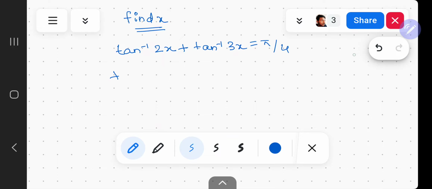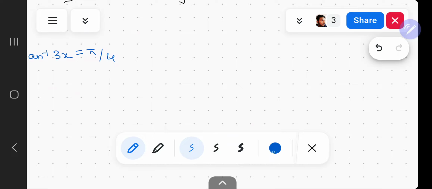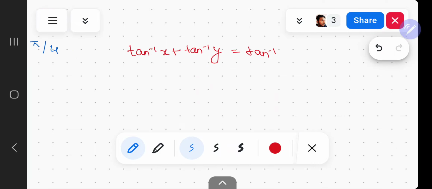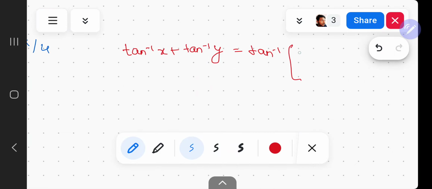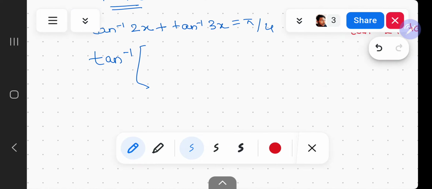So okay, again, what's the formula to add both of them? Tan inverse x plus tan inverse y is equal to one tan inverse of x plus y over 1 minus xy. So we'll apply the same here.